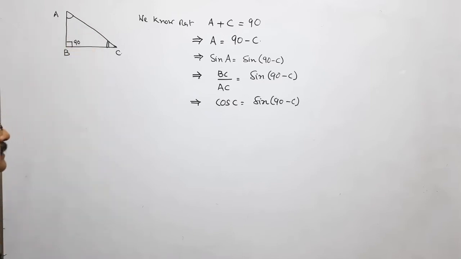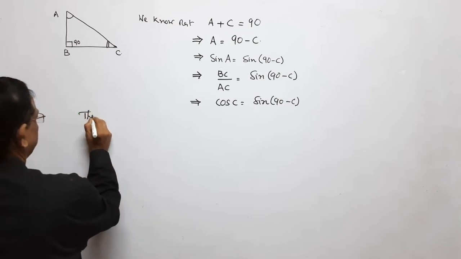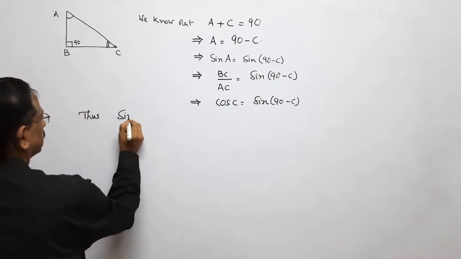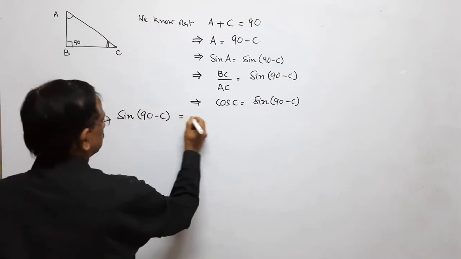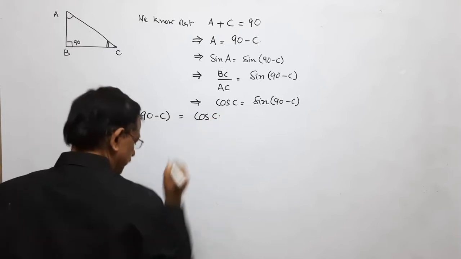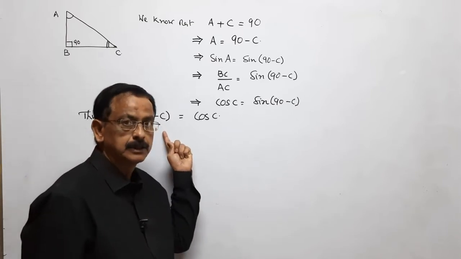So BC by AC is cos C. So I have sin 90 minus C is equal to cos C. Is it only for the angle C?